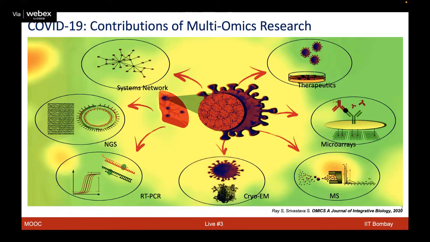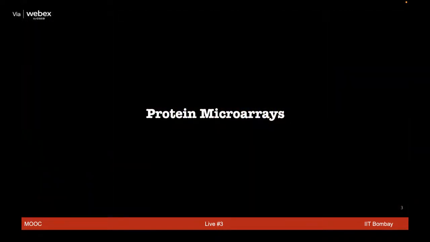Then protein arrays and various types of high-throughput screening approaches have been quite helpful. Different types of data analytics have been quite important. So again, this is just one example of how various technologies which you study in the course could be utilized to understand unknown entities like this.